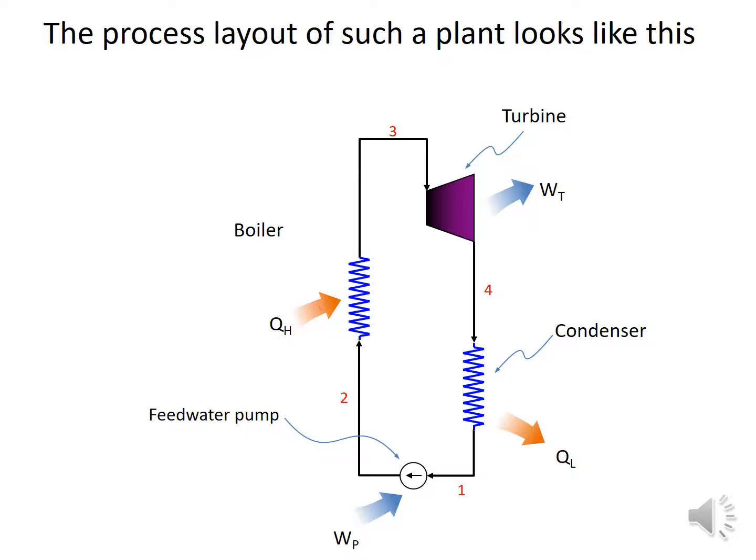Once you have reached the required temperature, point 3, you let it expand through this turbine and then go back to point 4 where it's completely expanded, let it pass through a heat exchanger network and extract the heat from the cycle, condensing it back into a liquid, and the process starts all over again.